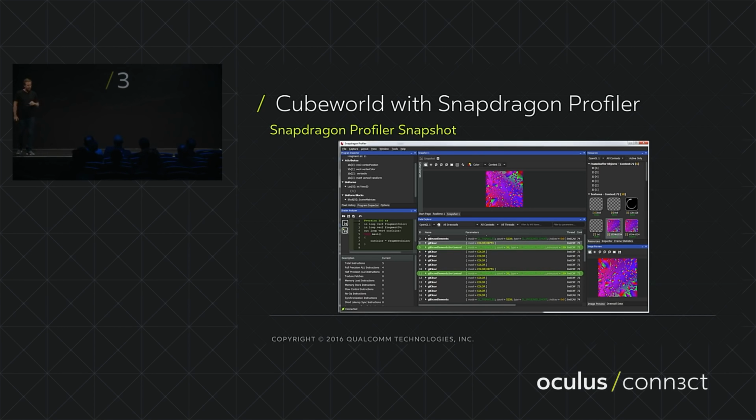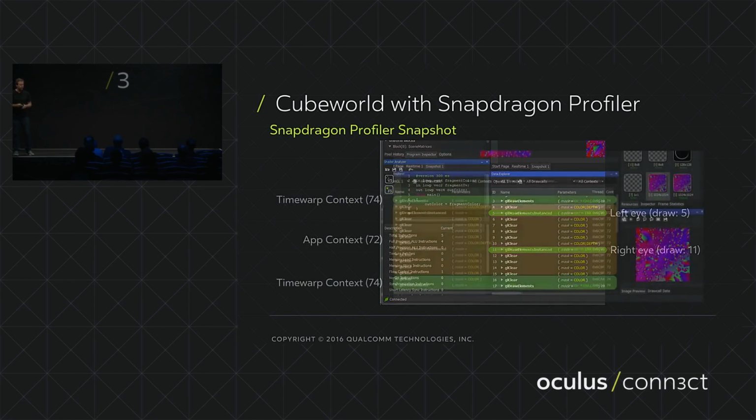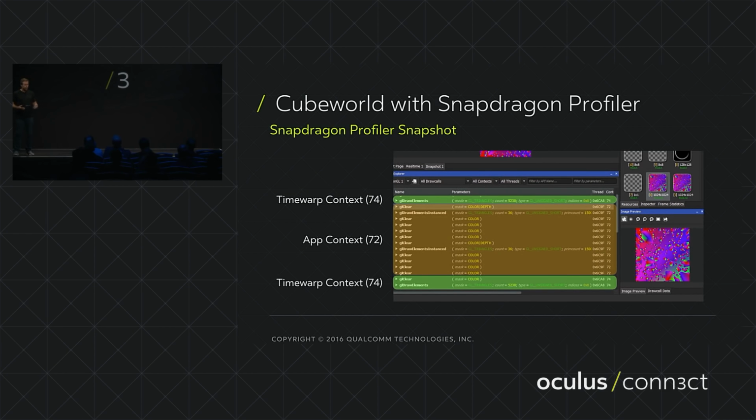So when we took that shot, the first thing we did is say, okay, well, where are the two eye renders happening? And we found these two draw calls, the left eye being draw 5 and the right eye being draw 11. And then we said, okay, from there, we have our time warp context. The rightmost column of that view is the context for the draw calls. So the time warp context there at the top, and then the middle section being our app context, and then we have time warp again.